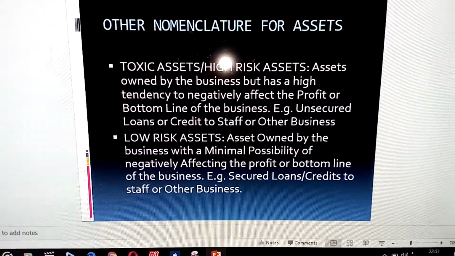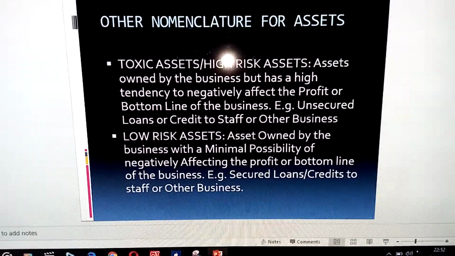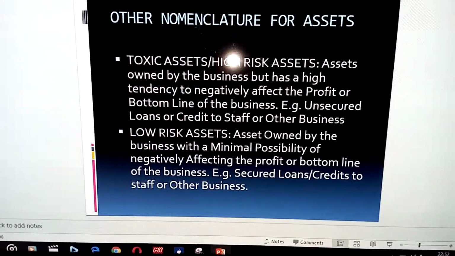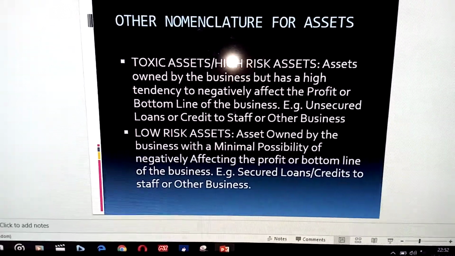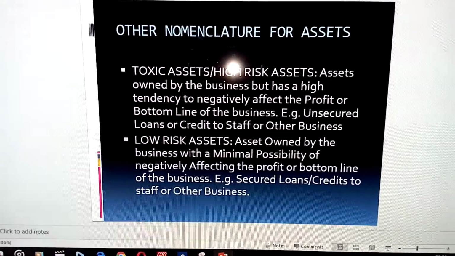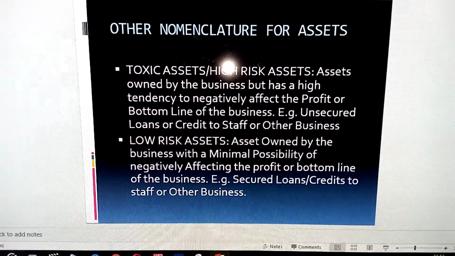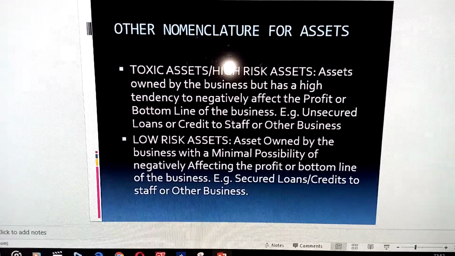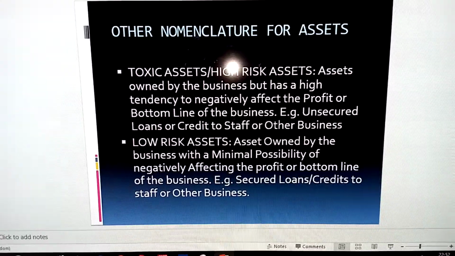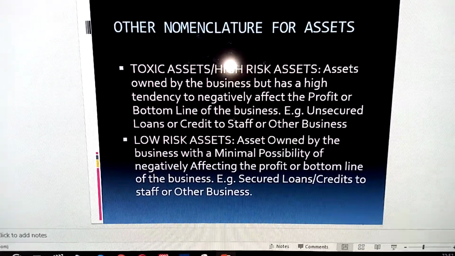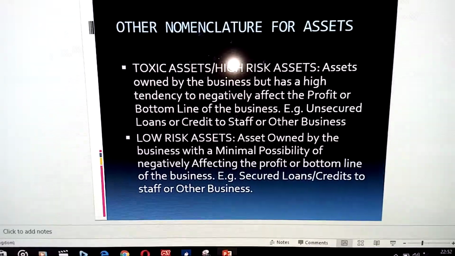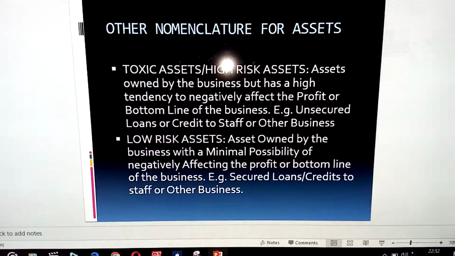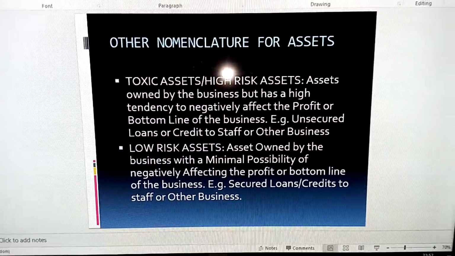Now, low risk assets are assets owned by the business with minimal possibility of negatively affecting the profit or bottom line. For instance, a loan given out to staff members or other business organizations with some sort of security. If we sell on credit, there's the possibility of not getting paid. So what do we do? We get a bank guarantee to secure it. That lowers the risk.